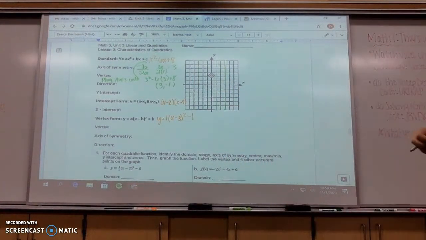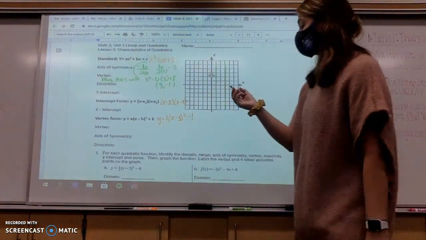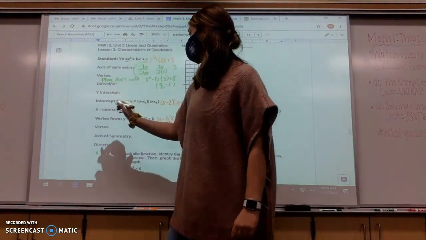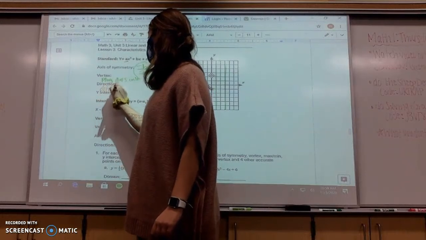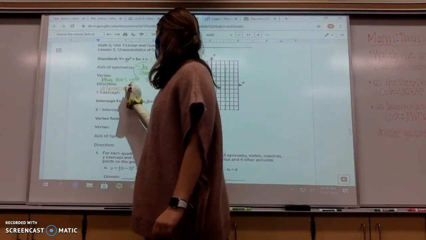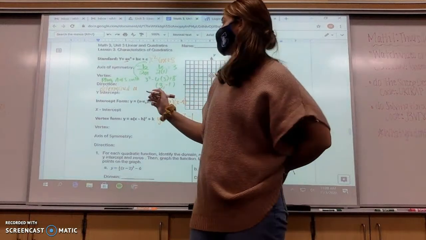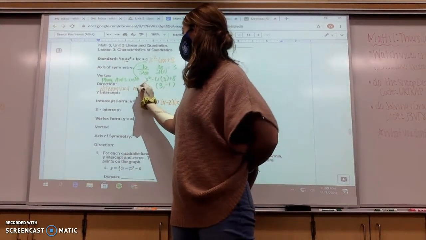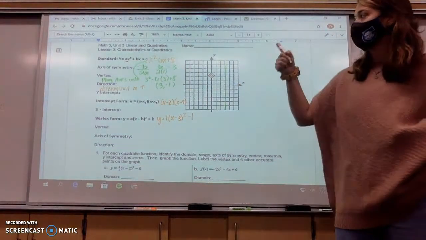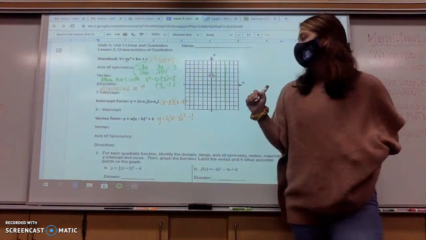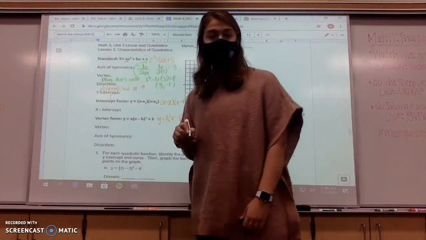We can tell what our direction is by our a value. Our direction is determined by a. A is positive in this case, so it's going up. And the last thing that we can tell from standard form, just looking at it, is our y-intercept, and that's always going to be our c value.